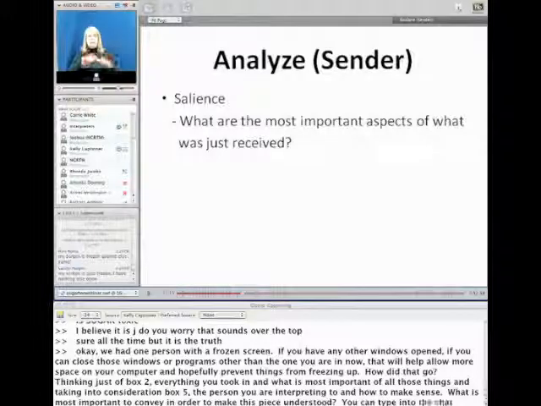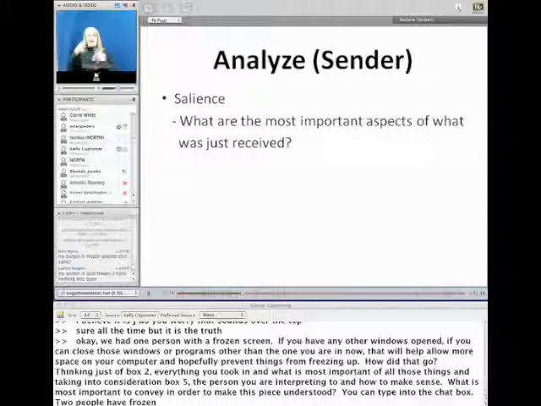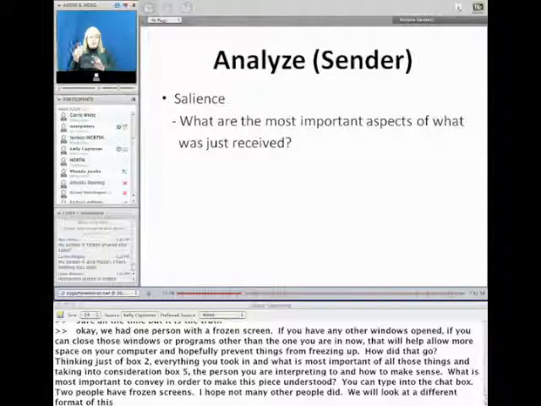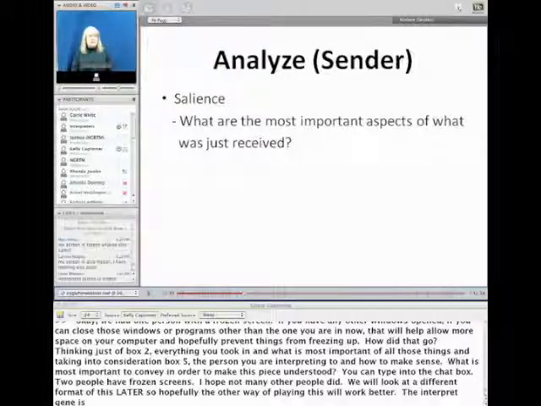Okay, 2 people have frozen screens. I'm hoping that not many other people did. We'll be looking at a different format of this later, so hopefully the other way of playing this will work better. Oh, the interpreter screen is frozen too. It's not on my end. Joshua, if you have any suggestions, let us know. Is it still frozen?